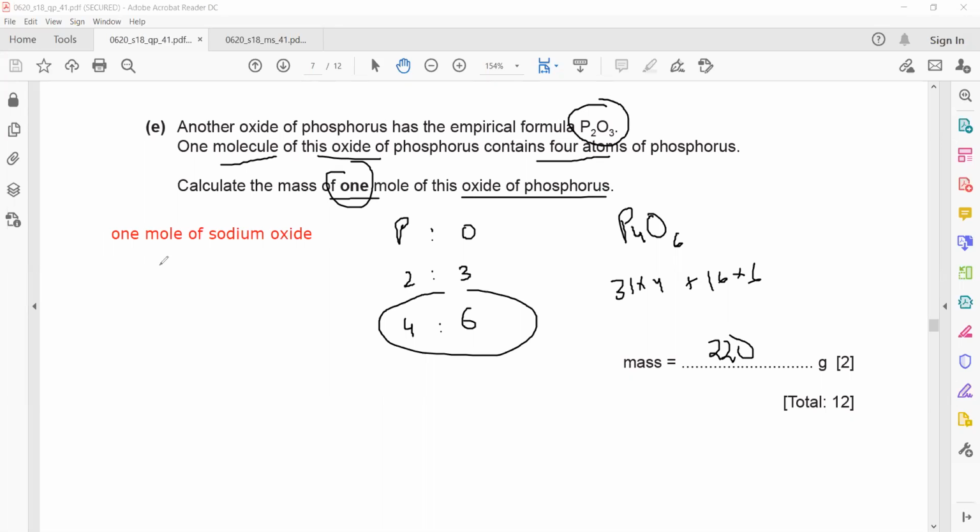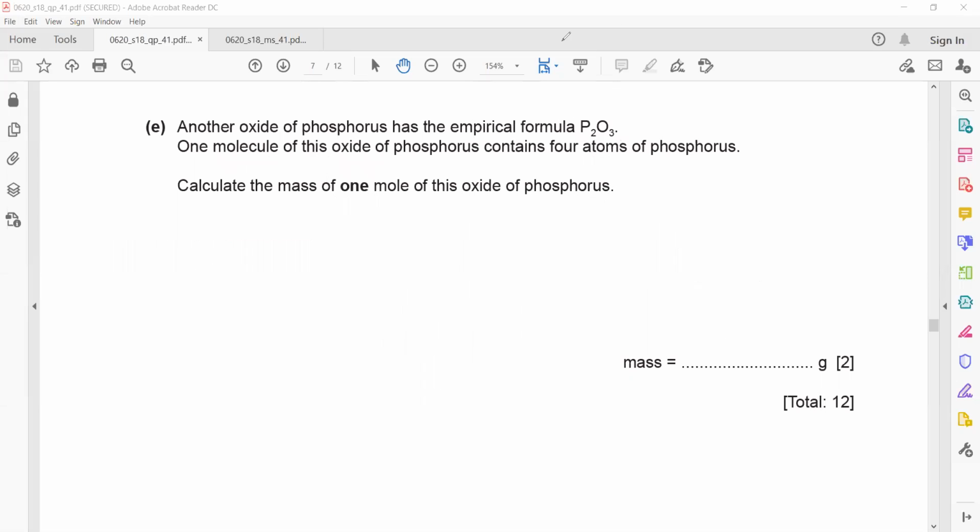I told you mole is another name for atomic mass or molecular mass expressed in gram. So when we represent atomic mass or molecular mass in gram, we also call that a mole. Is this part clear? So, 2 marks.